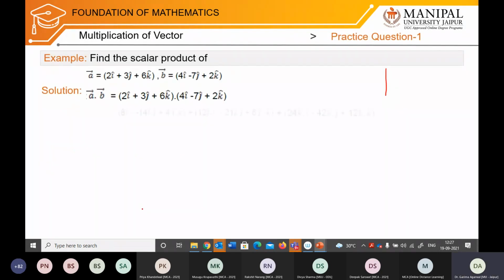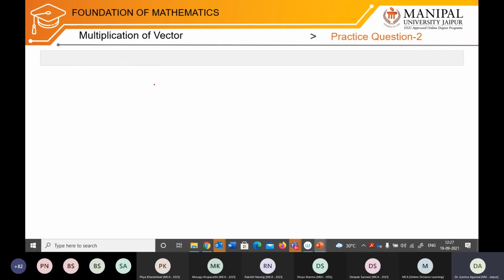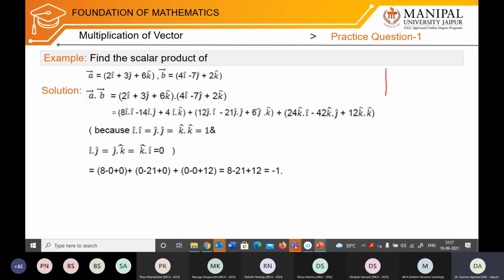For example, we have two vectors, 2 i cap plus 3 j cap plus 6 k cap and 4 i cap minus 7 j cap plus 2 k cap. And I need to find the dot product of A and B, right? How can we find it? I just write vector A dot vector B. The dot is a must. You need to write the dot, because in vectors the dot has a particular meaning.